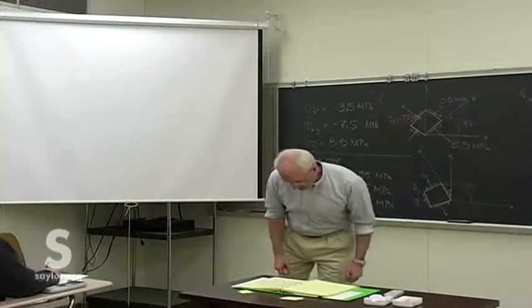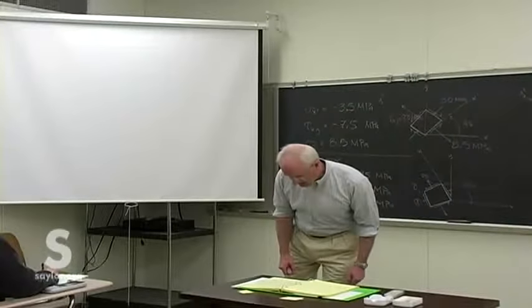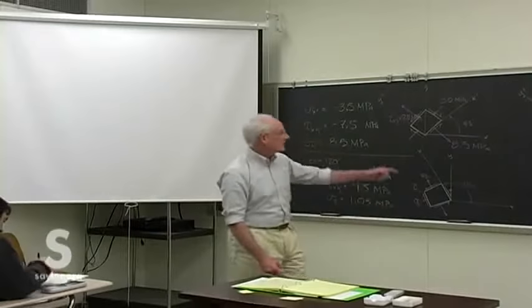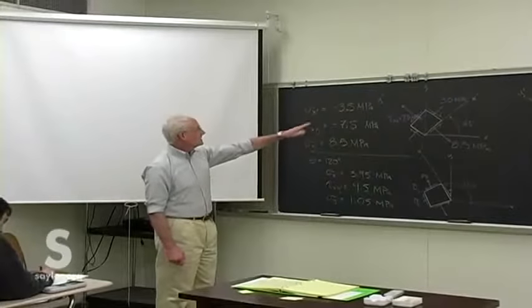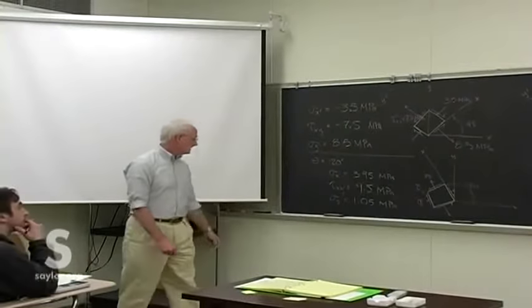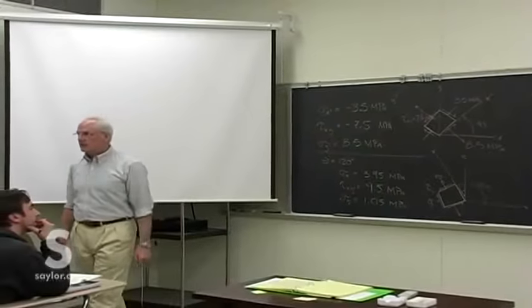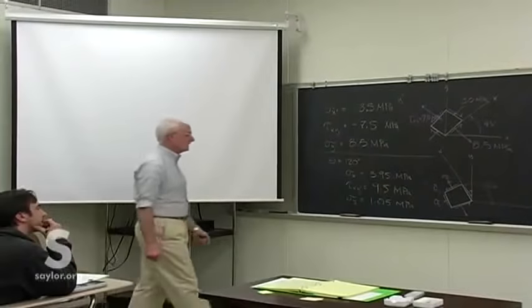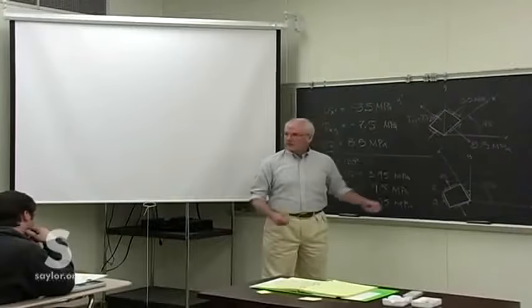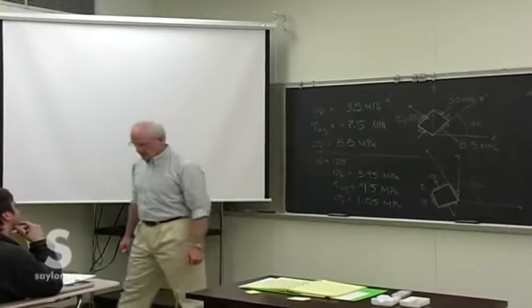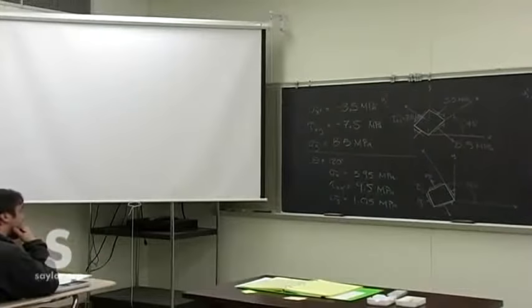So I think that's the biggest shear we had on any of the directions we looked at. We started with 6, went to 7.5, now we're at 9.5. So if you have a material that's weak in shear, you don't want that material oriented at the 120 degree angle. That's positive.